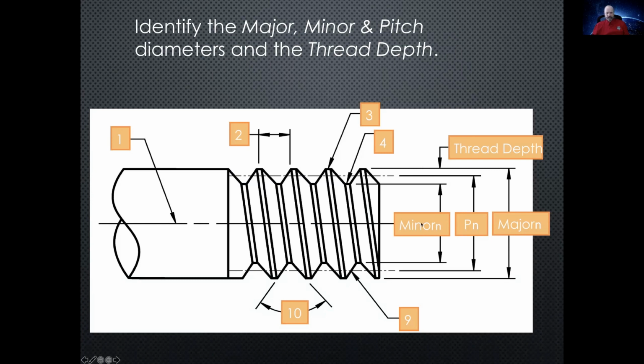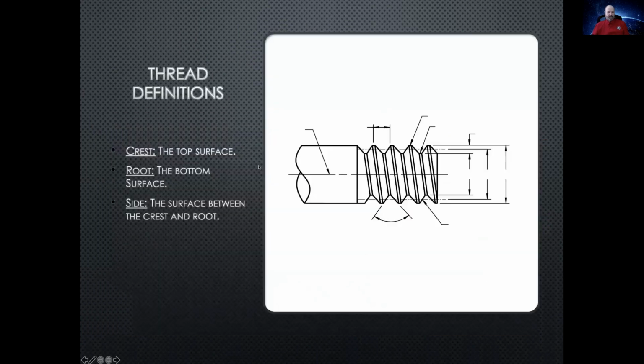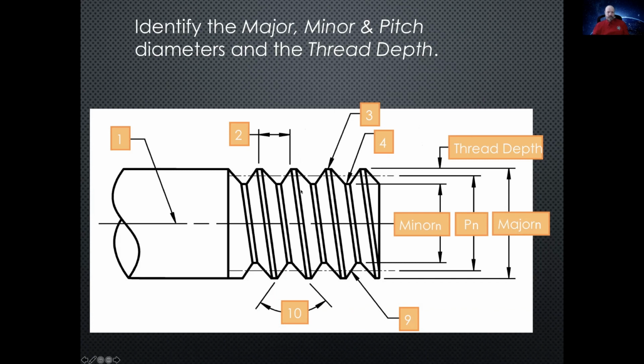The minor diameter is from the trough to the trough. So that tells you how deep the thread is. And the pitch is from the same place in one thread to the same place on the next thread over. So that's the pitch.